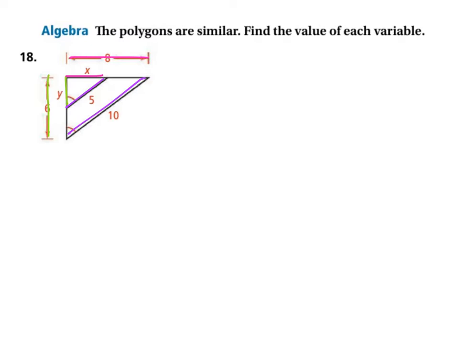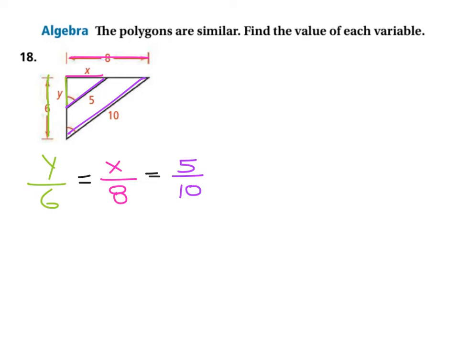Now that purple one is the set where we actually know both of the values, and so that allows us to set it up. So from small to big, for the green side, we've got y is to 6 as, and on the pink side, small triangle x, big triangle 8, as, and on the purple, 5 is to 10.